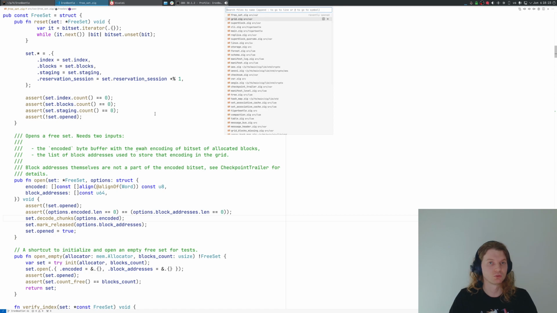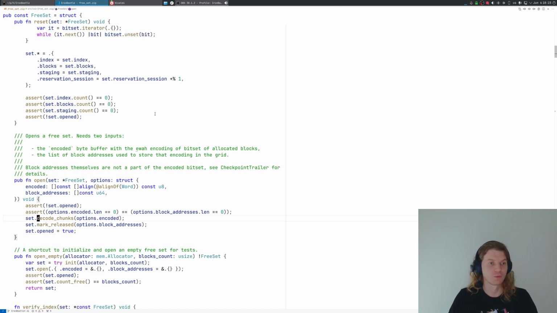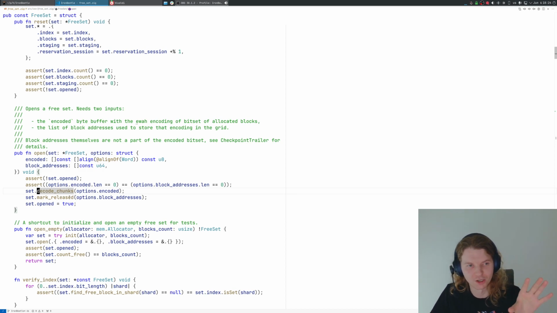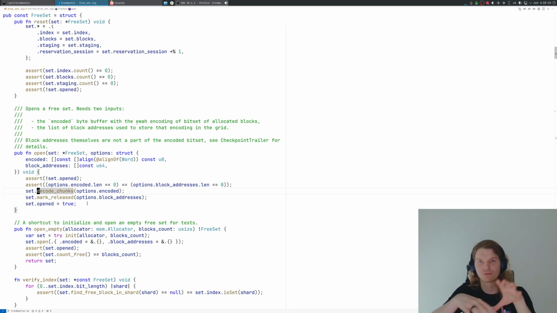So to go back to where we were, we learned how we check whether the block is free, how we check whether the block is released, how to release a block. We glossed over this procedure of opening FreeSet. Well, we know that at some point we decode it from the grid, and then it is there.